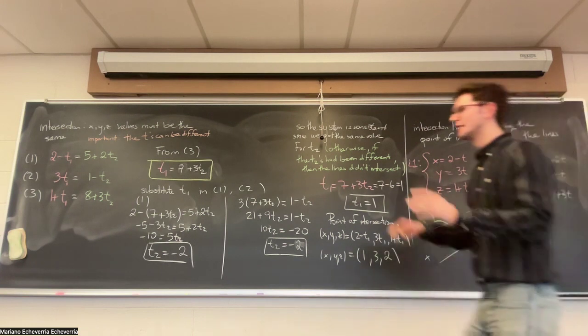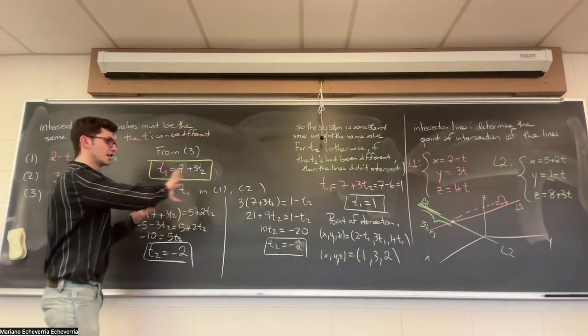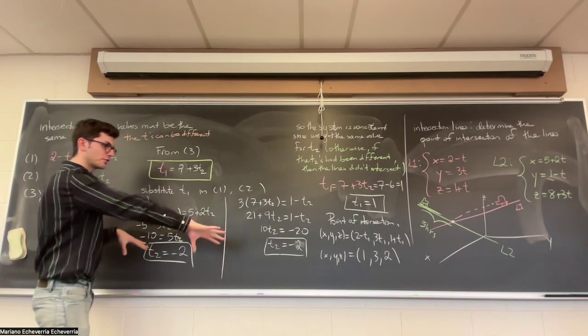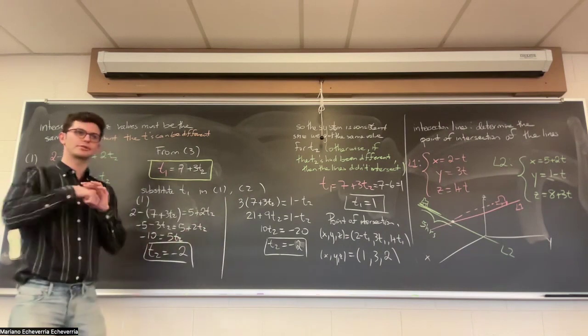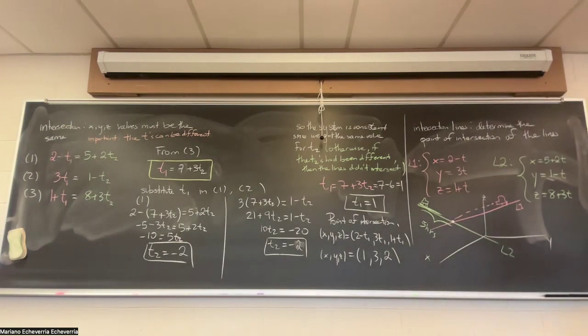But in this case, once you solve for one of the variables and plug it into the other two equations, if those two other equations give you the same value, then the system can be solved, there's an intersection between the lines and everything works fine. And then you don't have to worry about anything else.